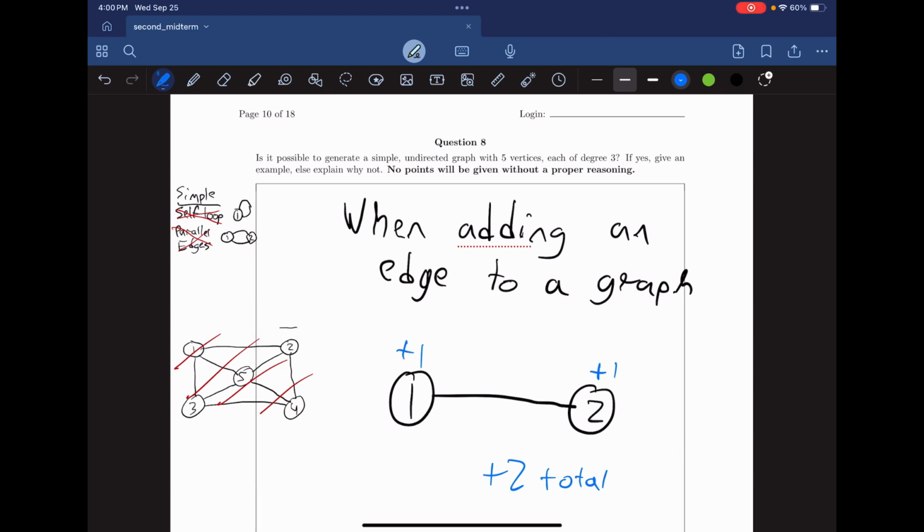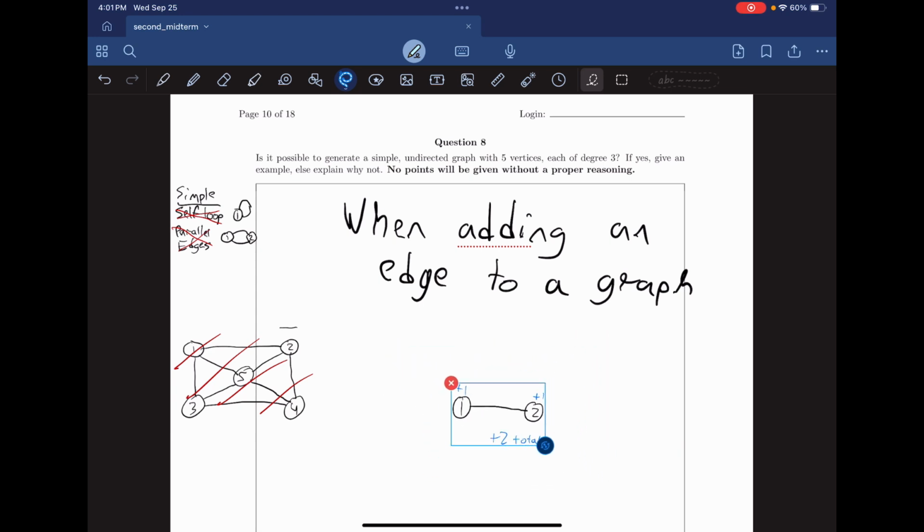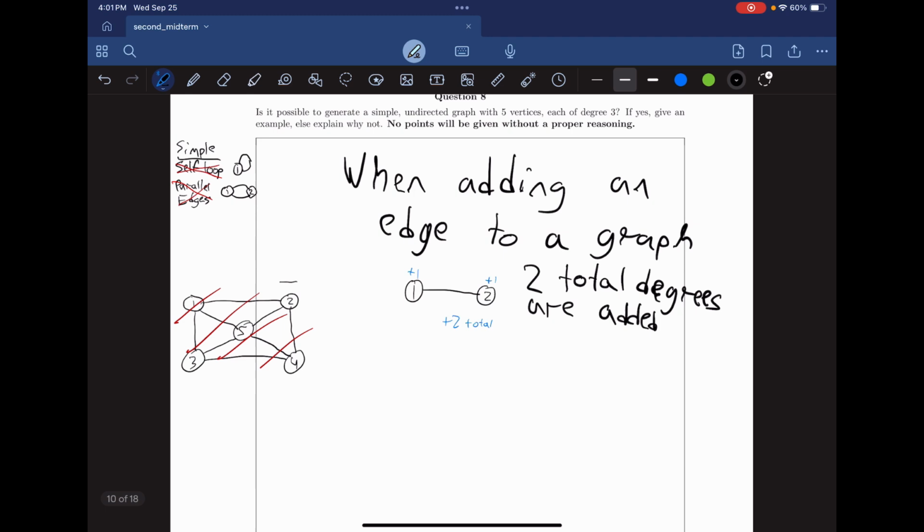So in other words, when adding an edge to a graph, 2 total degrees are added.